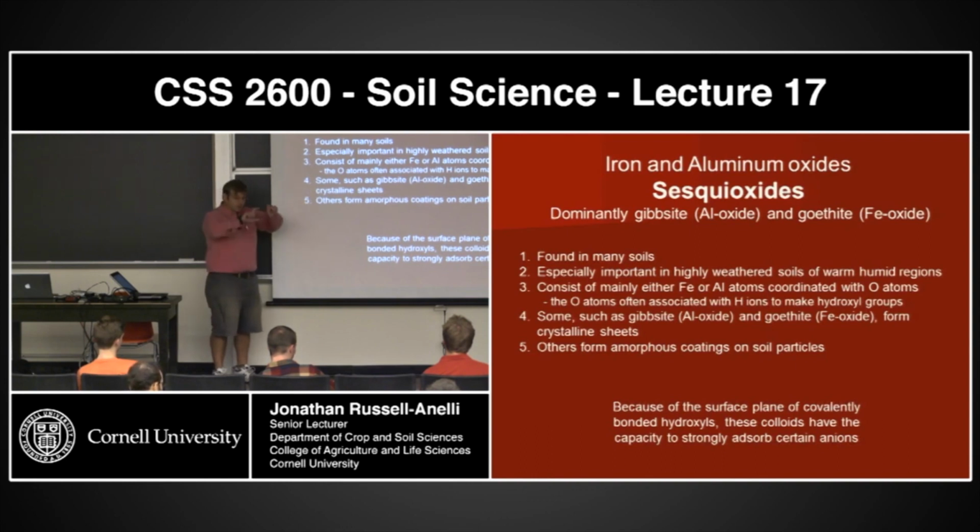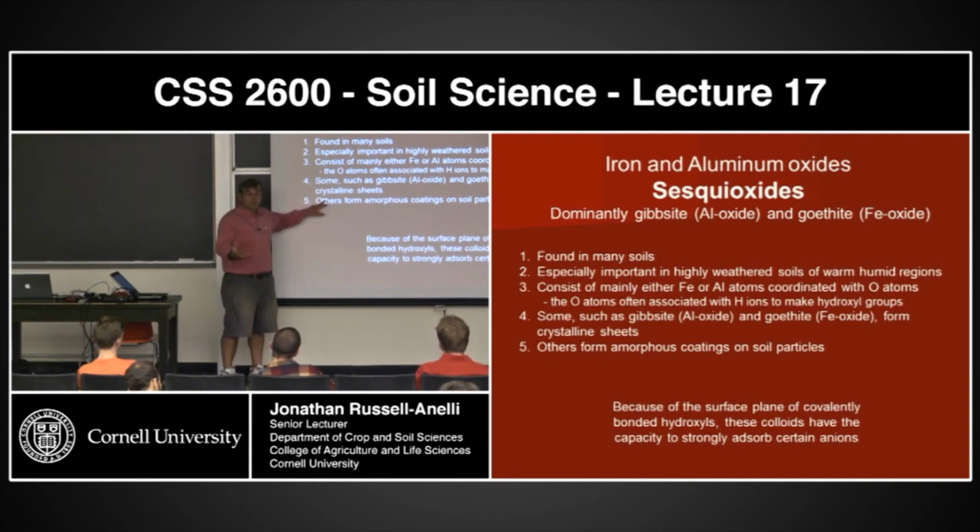And you saw that in that one module that I showed online. When you click on it, okay, you see how the 2 tetrahedral sheets separate off and the octahedral sheet is left behind. Okay, and they also can form amorphous coatings. You've seen these amorphous coatings. These are those redox features that we saw when we were up at Mount Pleasant.